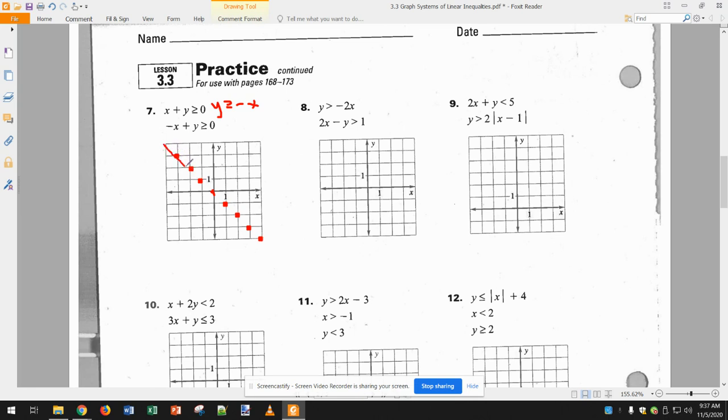And it's greater than or equal to, so solid line. Next one, I'm just going to add x to both sides and get y is greater than or equal to x. So that's just going to be this line going the opposite direction. And now if we're shading above both of these, the overlapping region would be here.